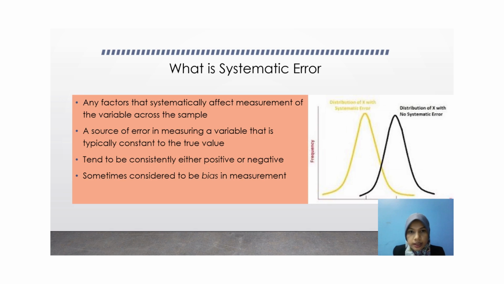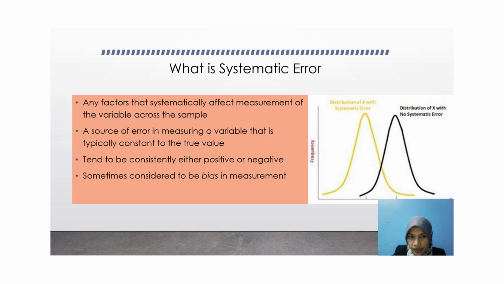Next, what is systematic error? Systematic error is any factor that systematically affects measurement of the variable across the sample. Systematic error tends to be consistently either positive or negative.